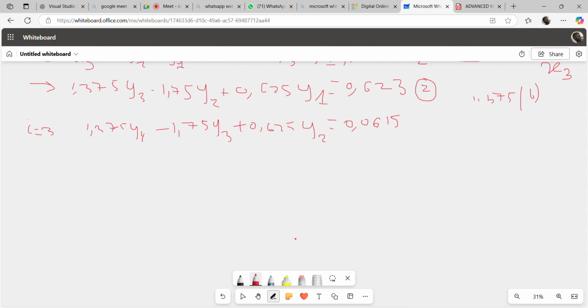It's 8.25. Yeah, 1.375 multiplied by 6, it's 8.25. So here you have 8.25. Here you have minus 1.75 y3 plus 0.625 y2 to be equal to 0.0615.